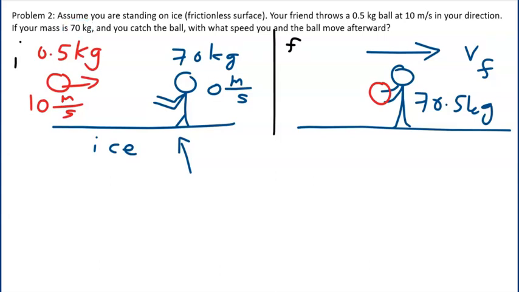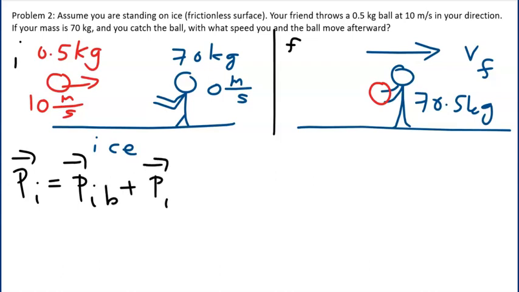So the situation is depicted in this diagram below. This is before you catch the ball, and this is after you caught the ball. So again, this is a two-body system, ball and yourself. So the initial linear momentum of the system is the initial momentum of that ball plus the initial momentum of you, the person.